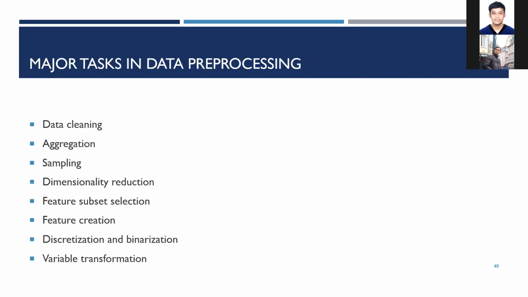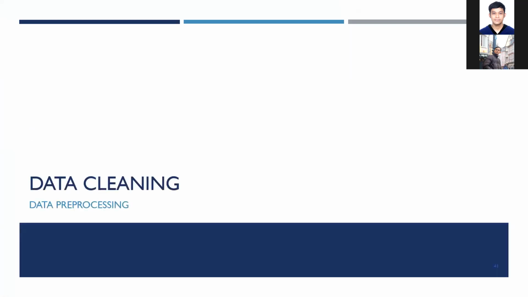So in data preprocessing, there are, for example, 8 major tasks, but actually we can do more. This is just some basic data preprocessing techniques. The first one is data cleaning.